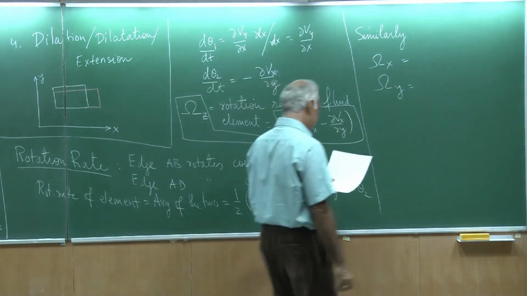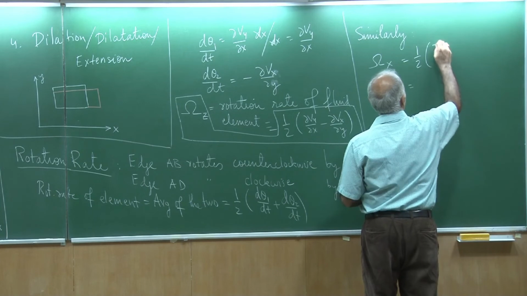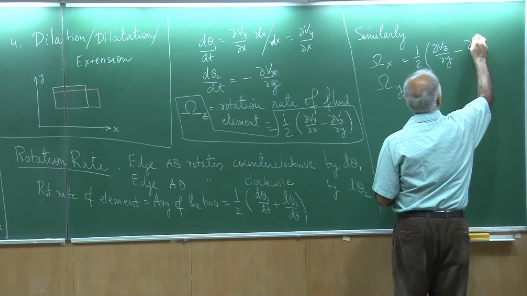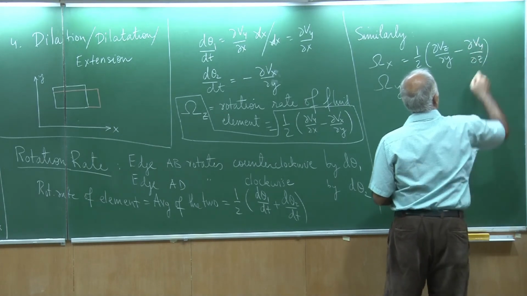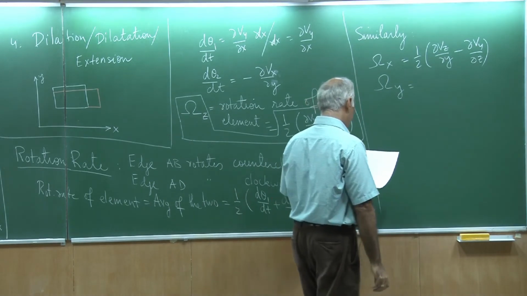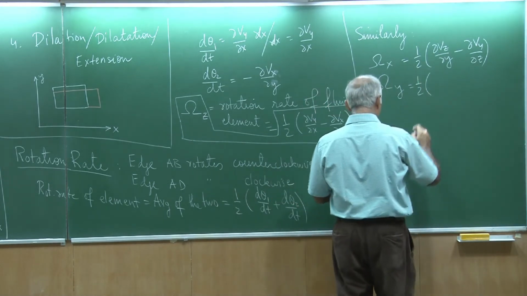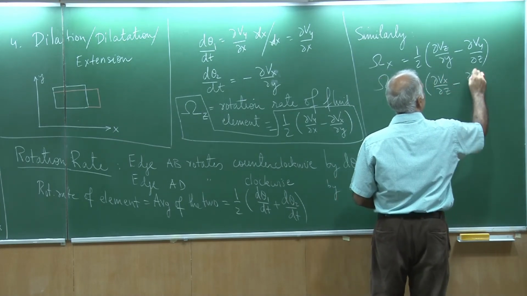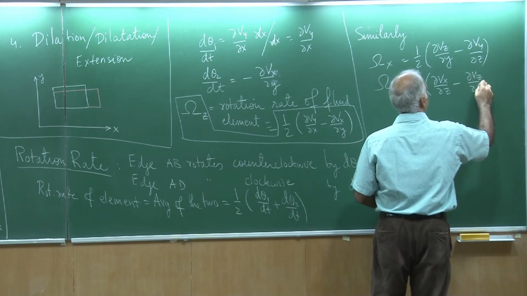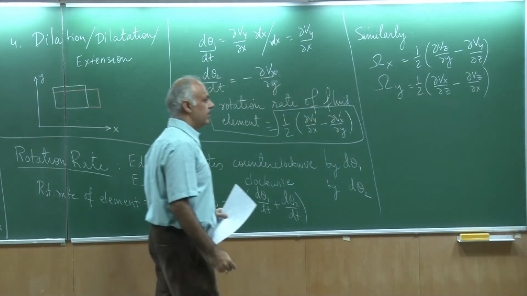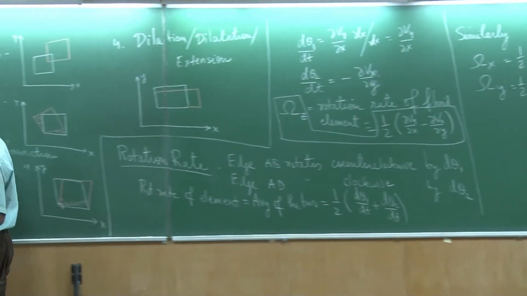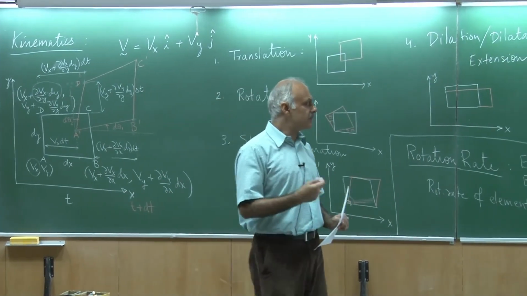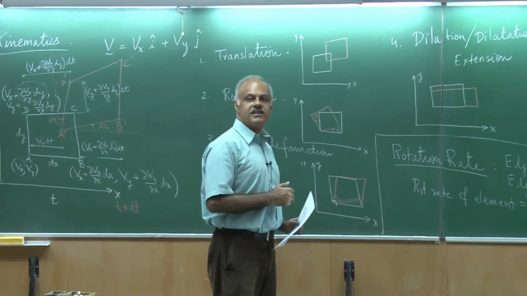So, my omega x is given as half of del V z by del y minus del V y by del z, and omega y is given as half of del V x by del z minus del V z by del x. So, one could simply work these out by taking different planes. Okay. I have taken an xy plane, you could take an xz plane and a yz plane and calculate these rotation rates.